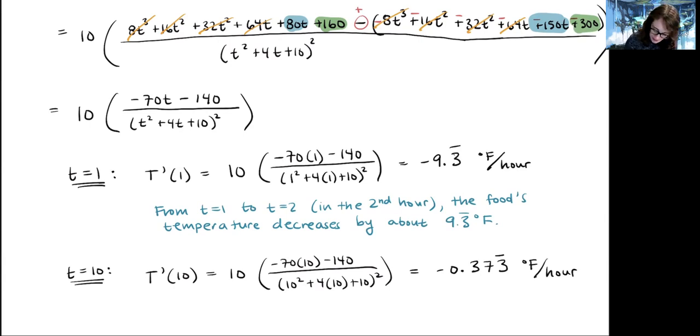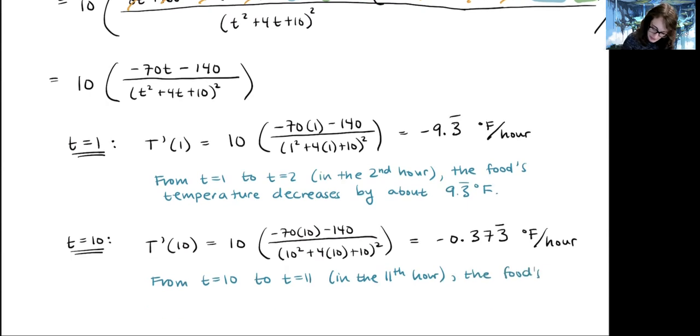So from little t equals 10 to little t equals 11, which would be in the 11th hour, the temperature of the food decreases by about 0.373 degrees.